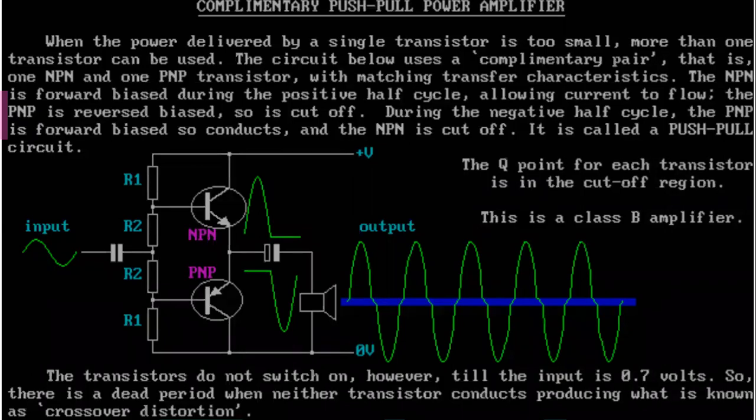The voltage between the base terminal and the emitter terminal, that PN junction, is forward bias during the first half cycle. During the second half cycle, the first transistor is not forward bias, but the second transistor will be forward bias.